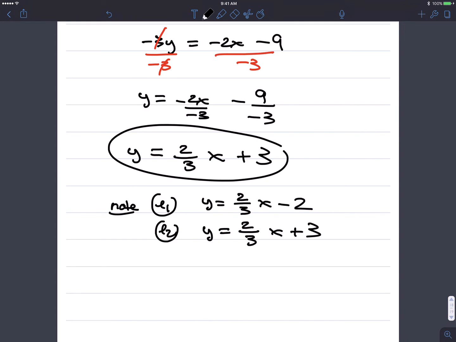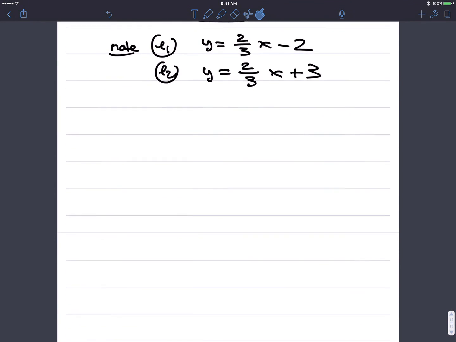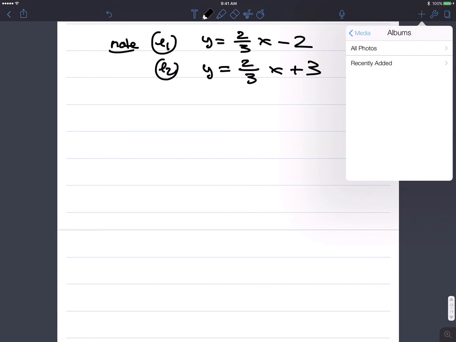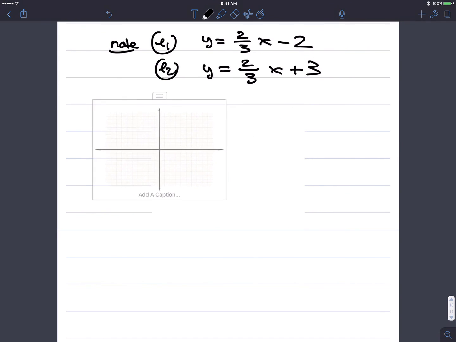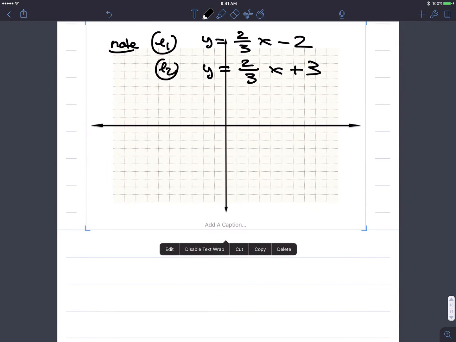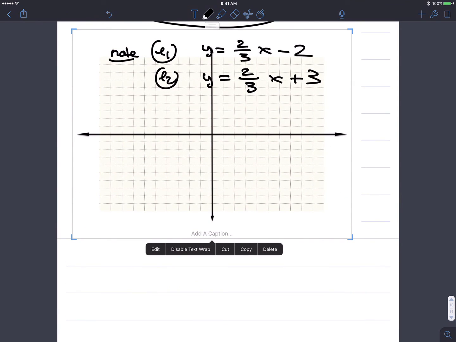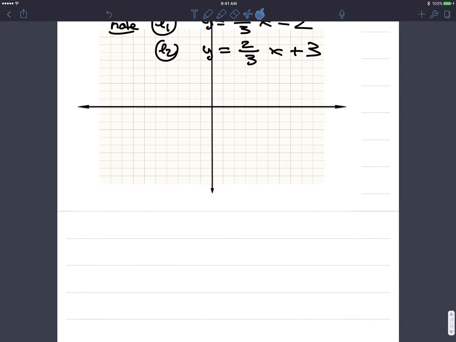Well, let's try to see what we can do here with this. Okay, let's see if we can move this.